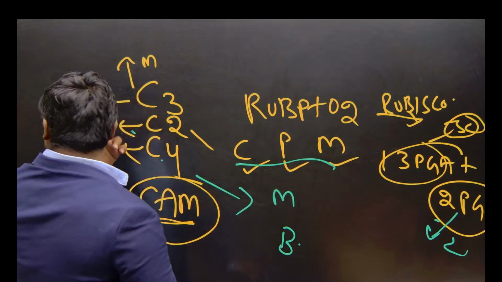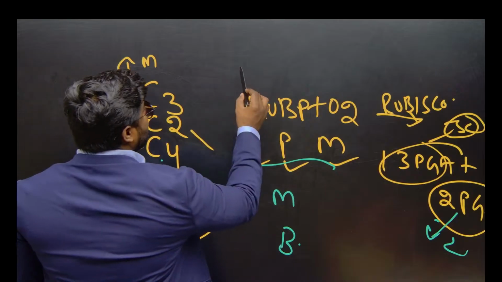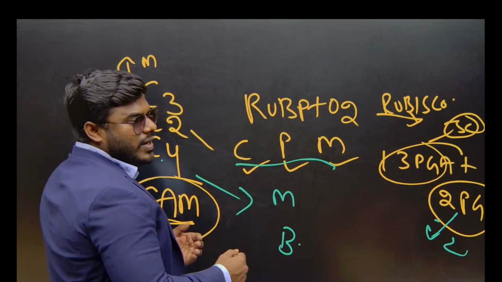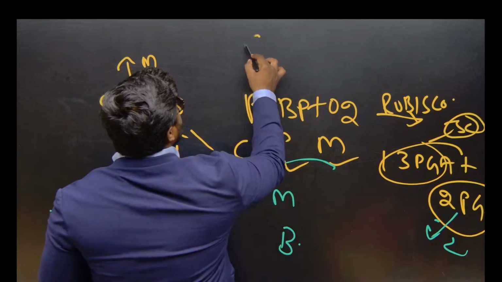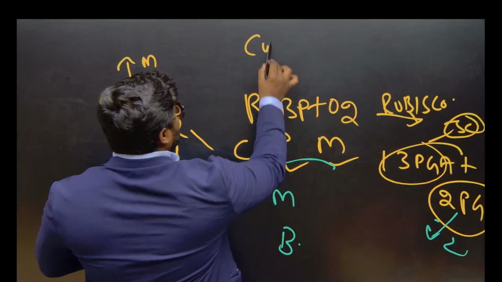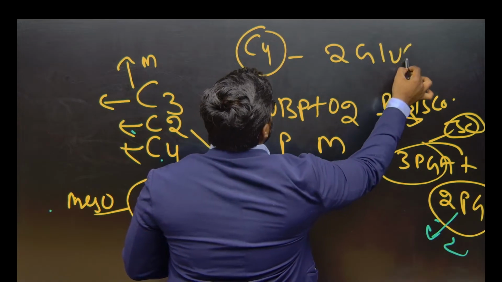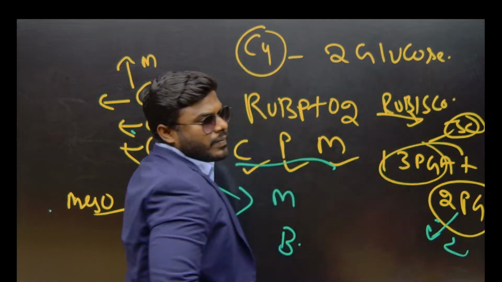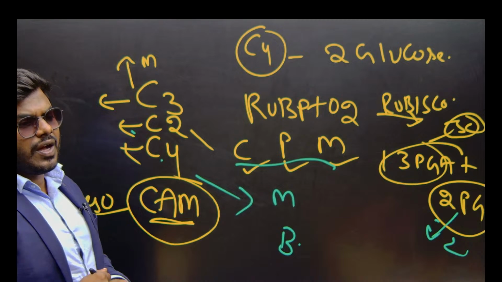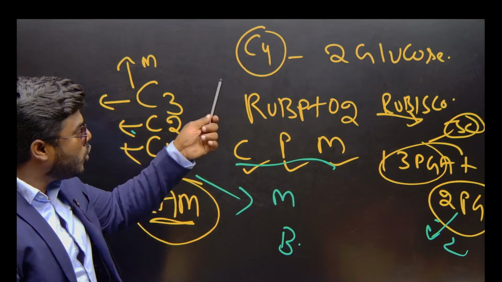And last and final question, how many ATP are utilized in the C4 pathway? Slowly, okay? In the C4 pathway for 2 glucose molecules. Slowly. For the C4 pathway, how many ATPs are consumed for 2 glucoses?